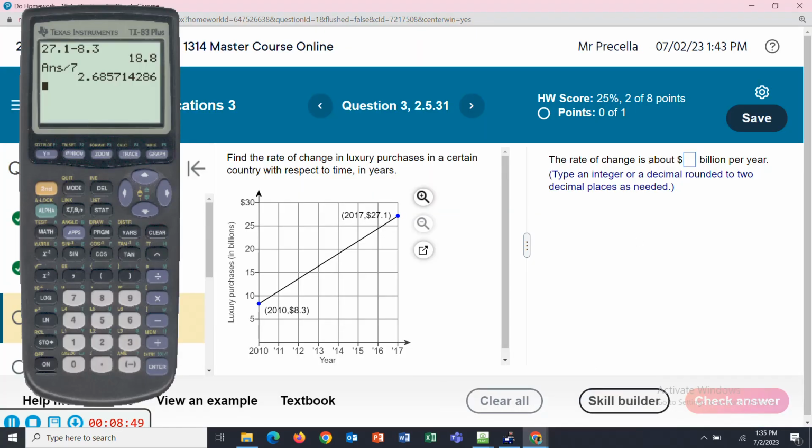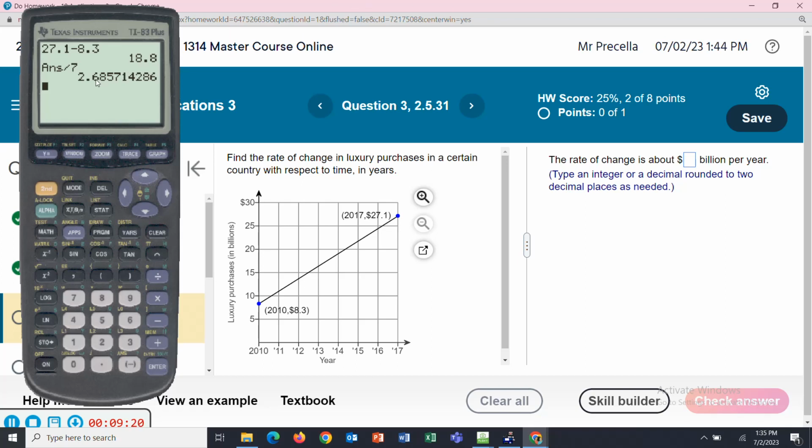The rate of change is about blank billion dollars per year. Type an integer if it's an integer. Otherwise, type a decimal rounded to 2 decimal places. Well, our 2.6857, blah blah blah, that's a decimal number, so we need to round it to 2 decimal places.